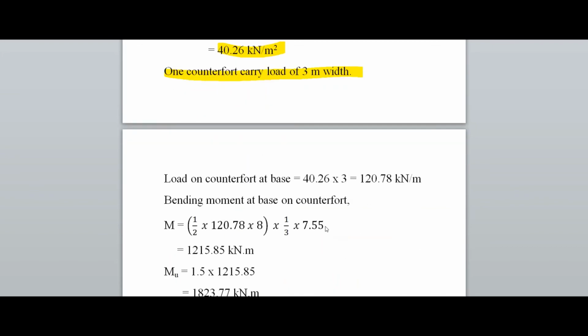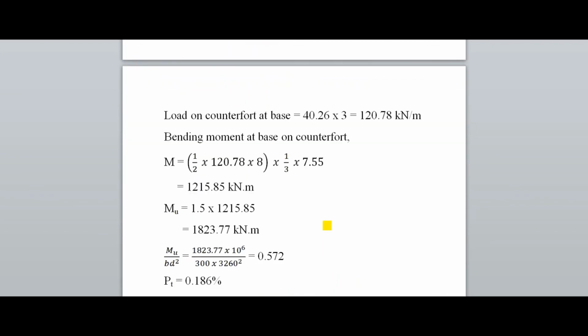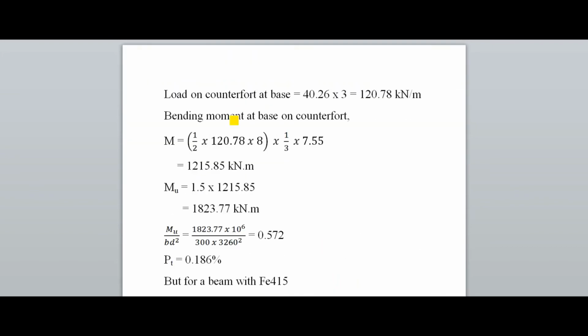Right? I hope you understand why we carry the load over a 3 meter width. Now we have to calculate the load on the counterfort at the base. If there is 14.26 into 3, because of 3 meter width, it is 42.78 kilonewton. So the bending moment at the base on the counterfort is 1/2 into 42.78 into 7.55 into 1/3 into 7.55.